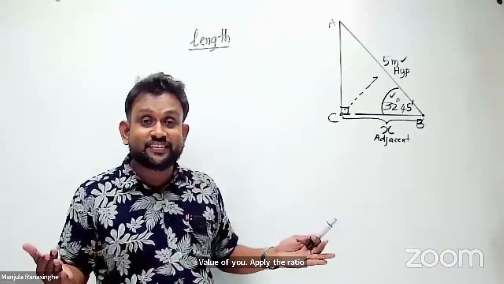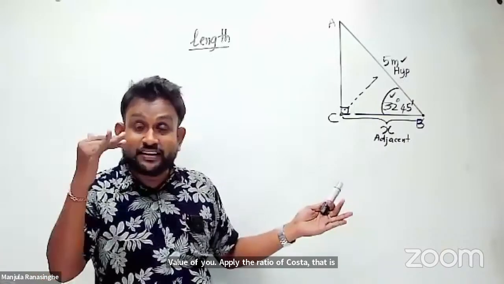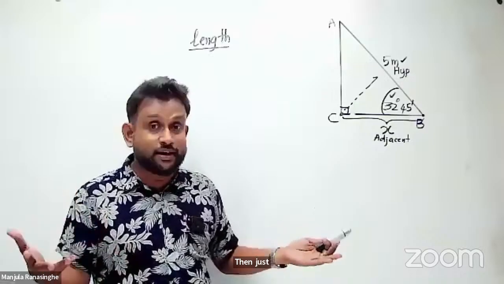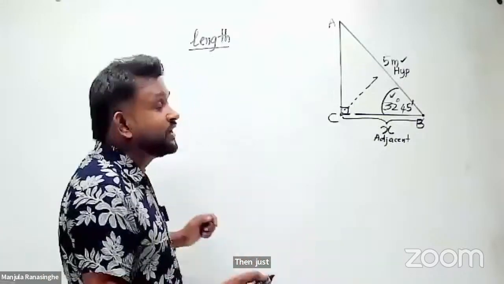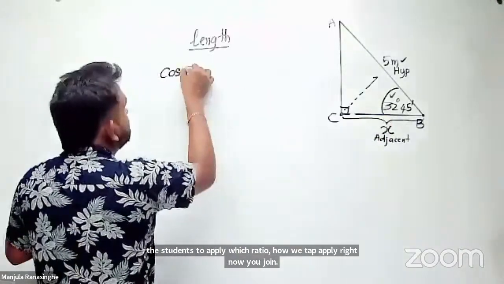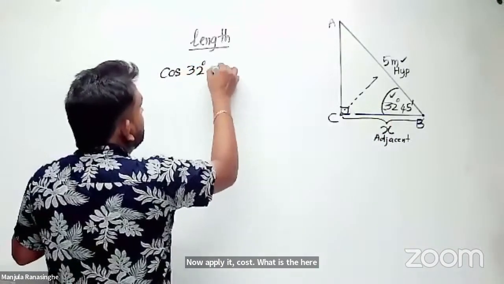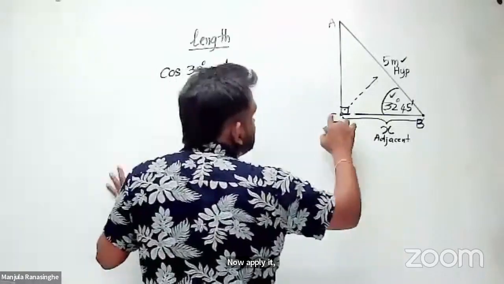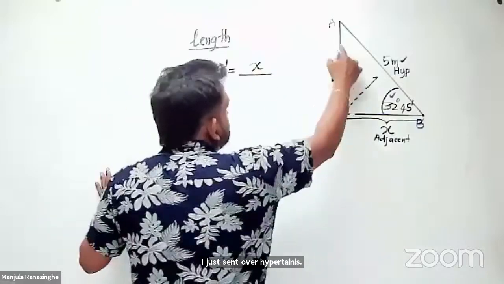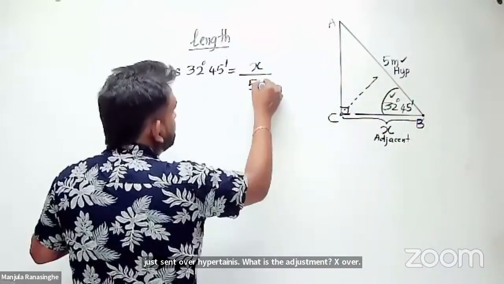Then it is just simplification. That is the difficult part for students, to decide which ratio to apply. Right now you know it. Now apply it. What is theta here? Cos 32 degrees and 45 minutes equals adjacent over hypotenuse. What is the adjacent length? X over the hypotenuse, which is 5 meters.